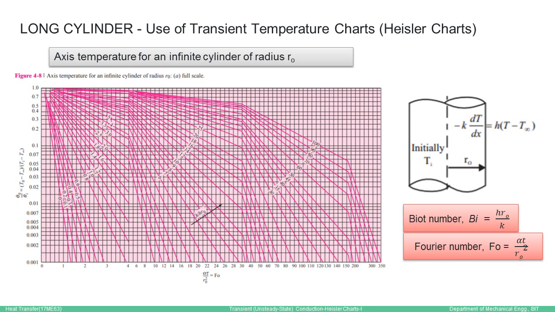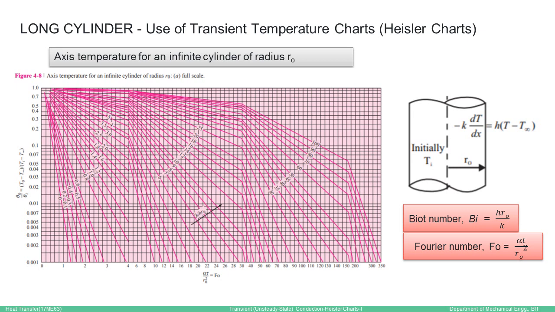Similar curves or charts are available for infinite cylinders and also for spheres. I'm just going to highlight some of the important factors to be considered when going through problems on infinite or long cylinders and spheres. To start with the first one, that is the axis temperature or centerline temperature for an infinite cylinder of radius r0, where r0 is the outer radius of the cylinder, the Biot number is h r0 by k.